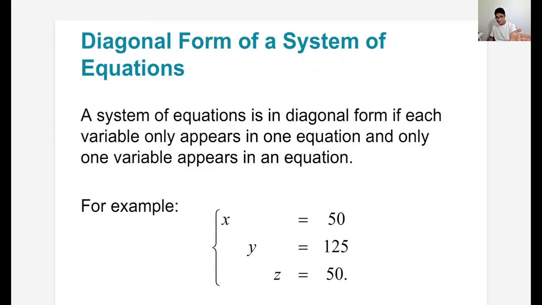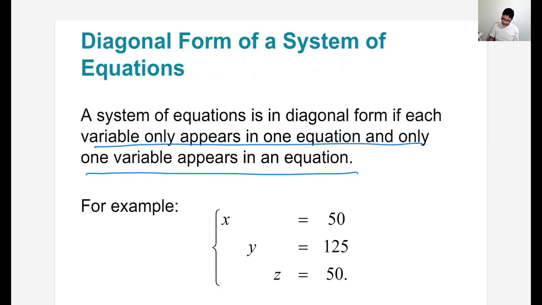You have the first row with only x, the second row only with y, third row only with z. And one variable appears in one equation and only one variable appears. Okay. Each variable appears in an equation.